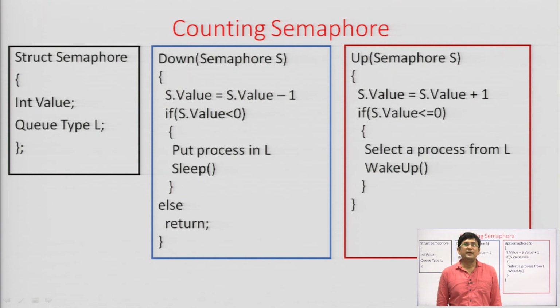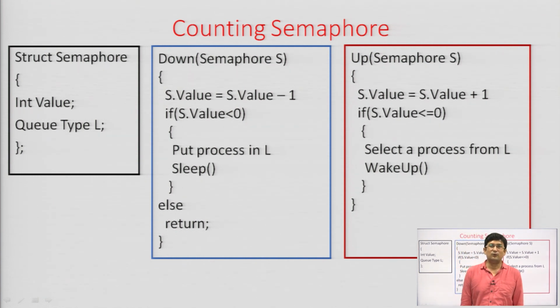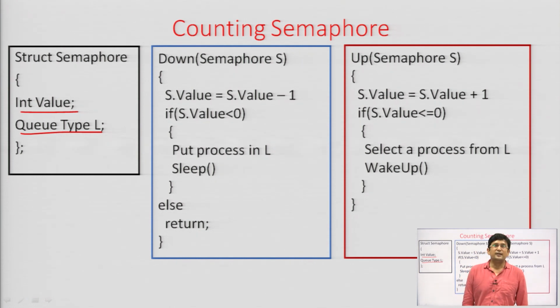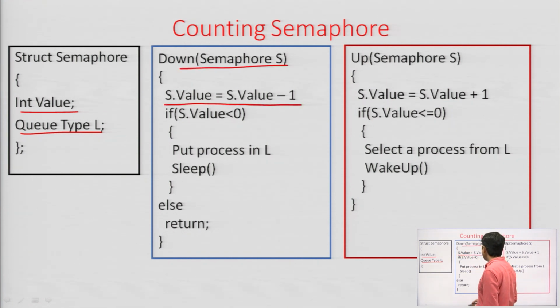So, we are actually implementing the counting semaphore here, and in the case of the counting semaphore, a semaphore is initialized with its value and a queue also, because we are maintaining a queue for putting the processes which are going to sleep. Now, the down semaphore decrements the value of the semaphore, and after this it checks if the value is less than 0, which means we have to put this process in the queue in the sleeping mode.